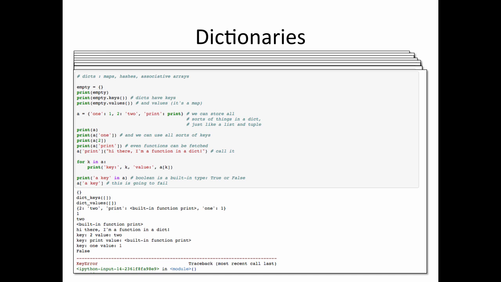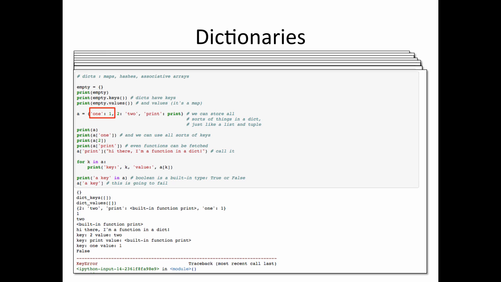Python also defines a very useful data type called dictionaries. Dictionaries are very similar to maps, hashes, and associative arrays defined in other languages. So basically, a dictionary has a sequence of key and value pairs. So now I'm defining a dictionary A. Note that I use curly braces to define the beginning and the end of the dictionary.